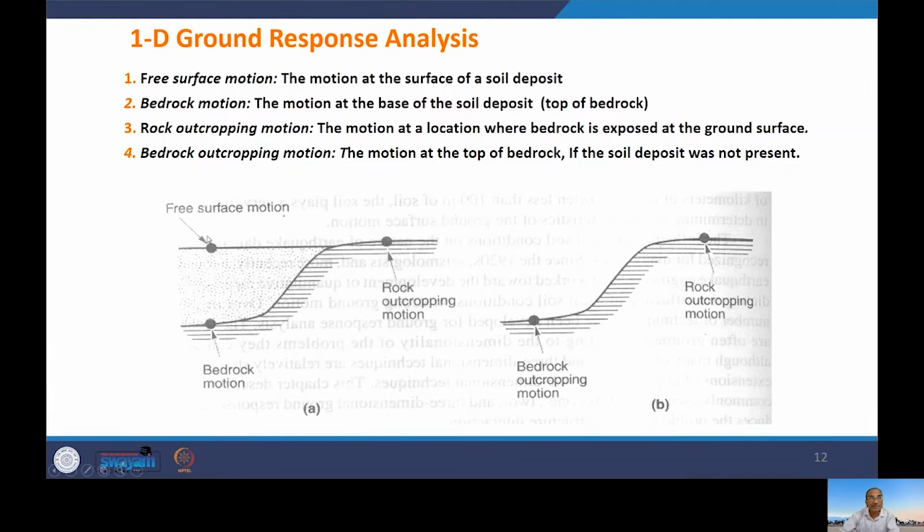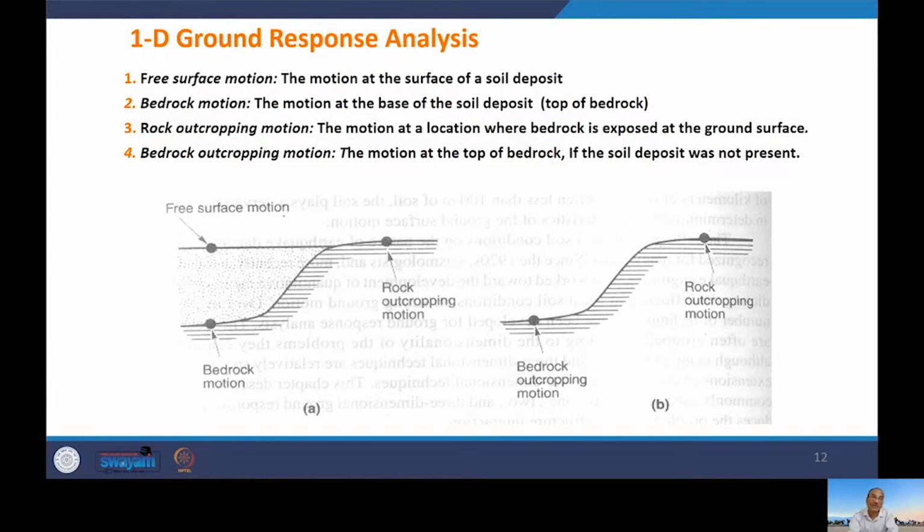Here you can see in this figure, in the first case, you have free surface motion. That is nothing but the motion at the surface of the soil deposit, so on top of this surface there is nothing. Then you have bedrock motion, which is the motion at the base of the soil deposit or the top of the bedrock. Then the third is called rock outcropping motion.